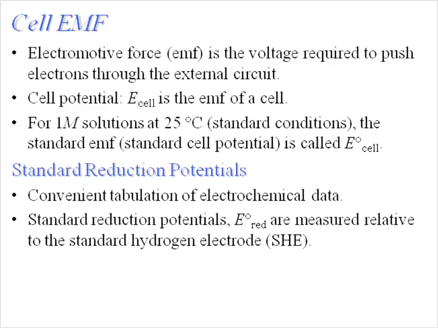So imagine some solution having H plus ions, and you have got platinum dipped in that, and then you have got an arrangement to pass the hydrogen gas. That is a hydrogen electrode.